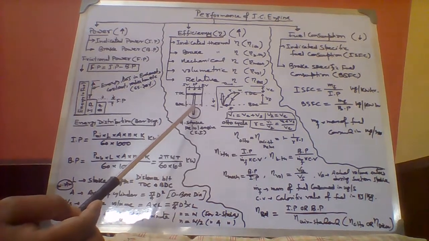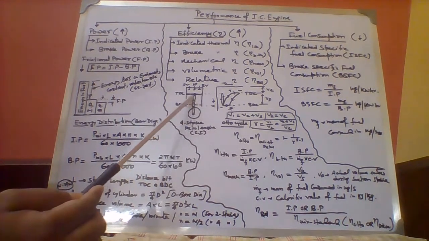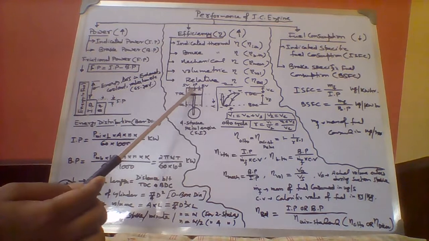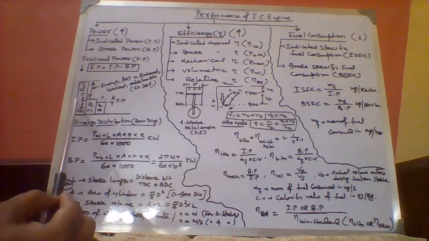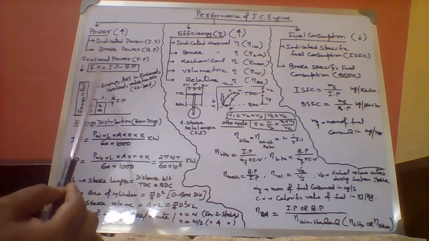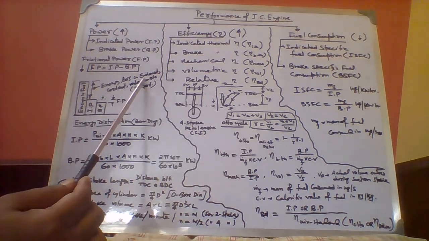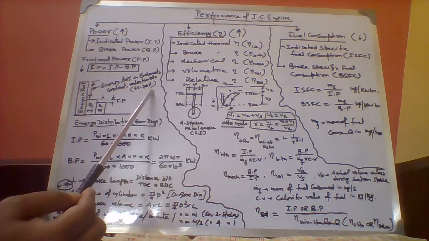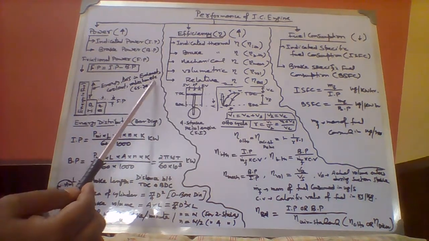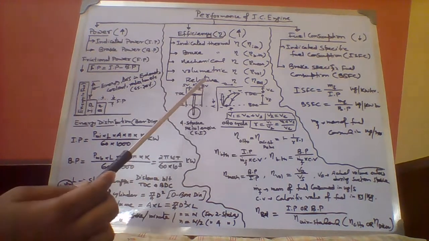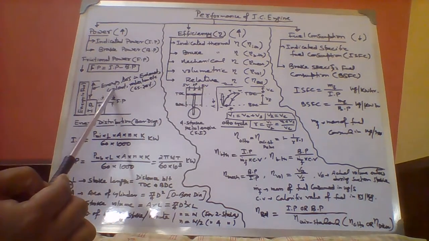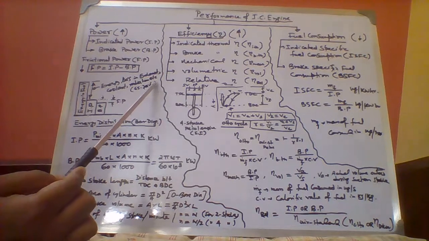So whatever power we are getting over here is reduced over here because of friction. So BP we are getting over here, and IP is getting over here, and this is the power that is being released because of the burning or the combustion of fuels. So energy in fuel, that is the ultimate, that is 100%. Then you can see there is a huge loss, near about 65 to 70% loss, because of the exhaust, as the exhaust combustion products are carried out through the exhaust valve, or the coolant, and the radiations.